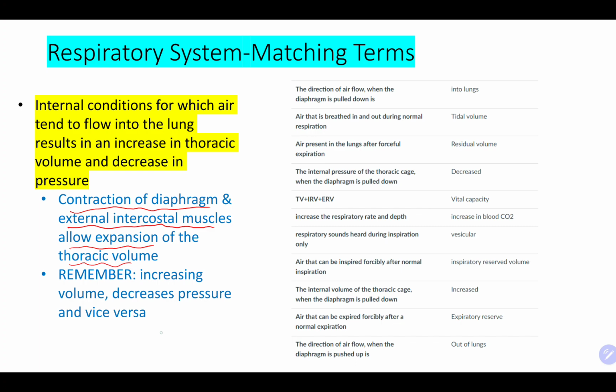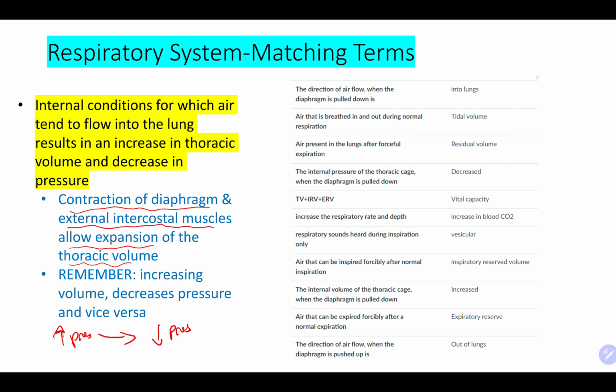If we have decreased pressure in our lungs, air wants to go down its pressure gradient, from an area of high pressure to an area of low pressure. That's why you're able to inhale. That's why air will rush into your lungs, because you increase the volume and you decrease the pressure.